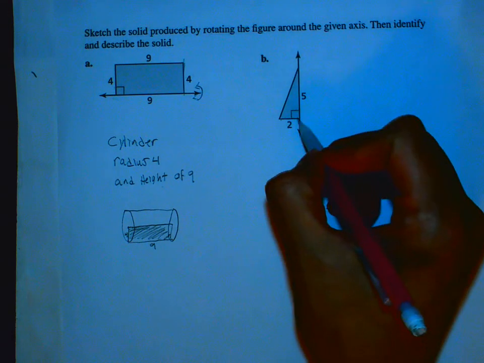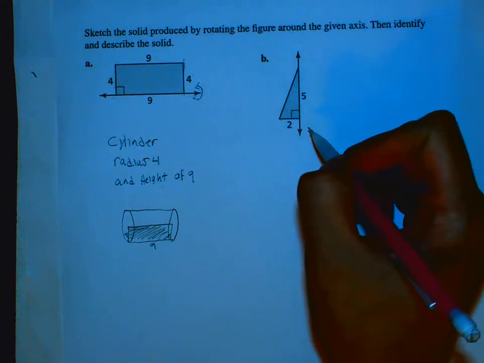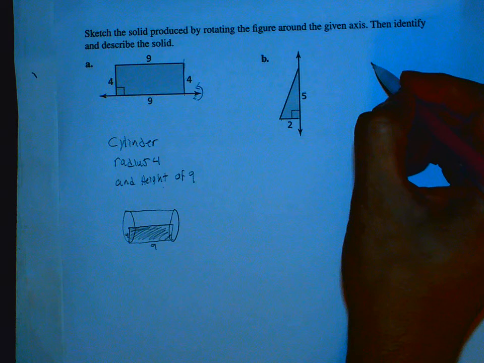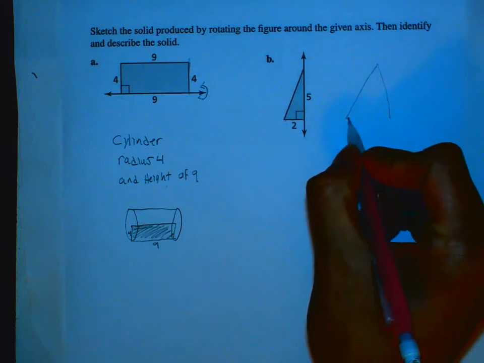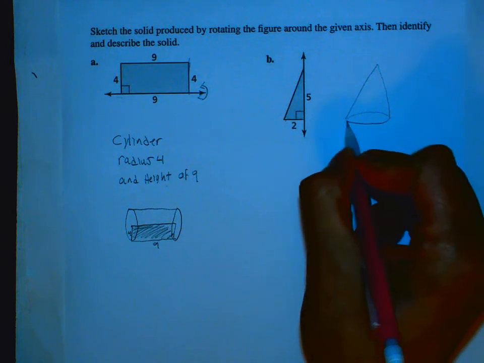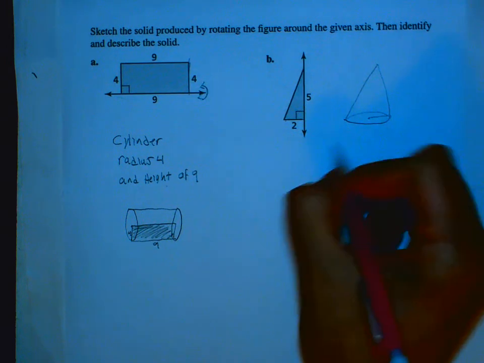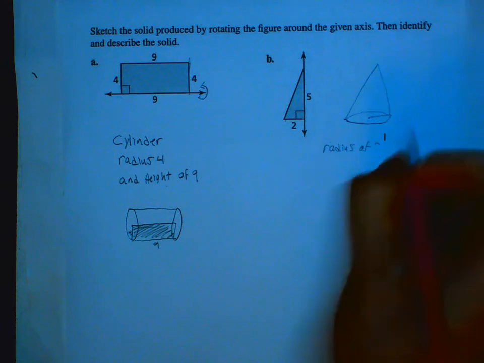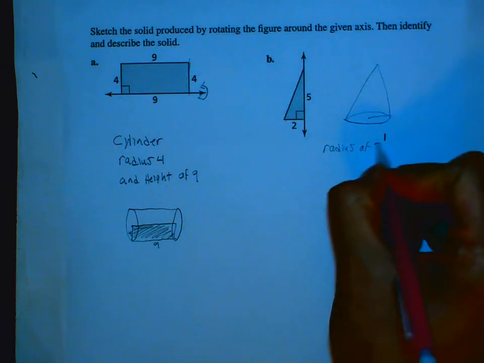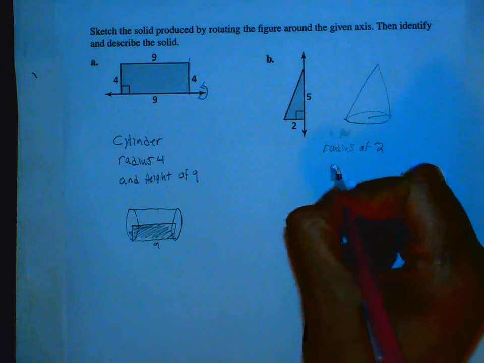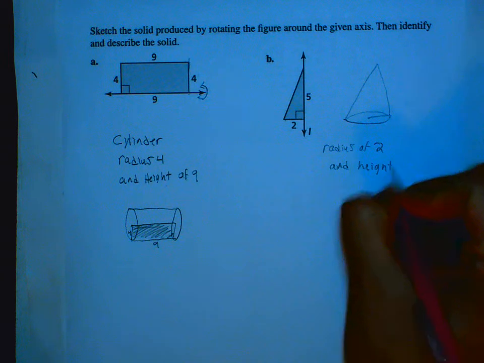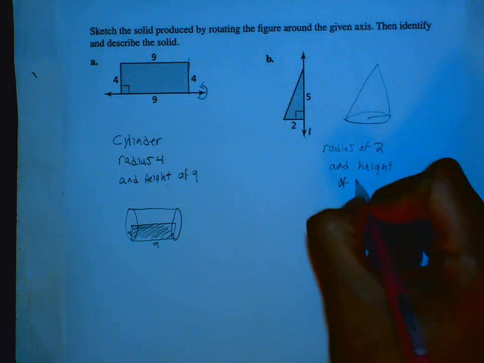Here, if you rotate this right triangle, it's going to create a cone. Now, if I were to draw the cone in three-dimensional form, it's going to look something like this. It's going to have a radius of 2 and a height of 5.